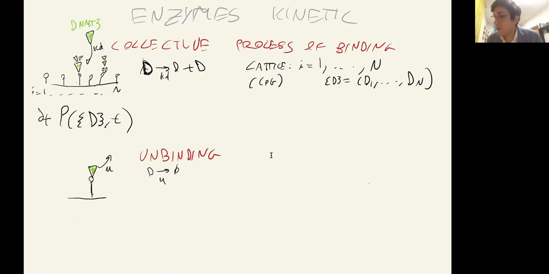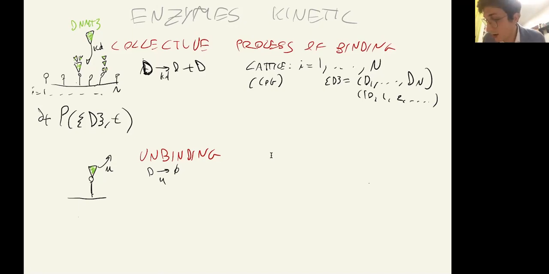So it means that, for example, if you have a pattern like 10, 1, 2, etc., it means that at the first CpG there are 10 enzymes, at the second just 1, at the third 2, etc. So how can we write this very simple first collective process of binding?